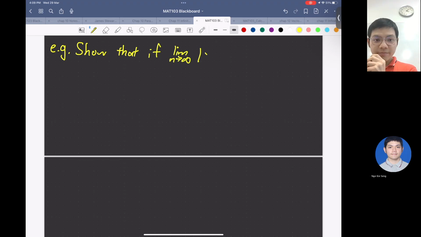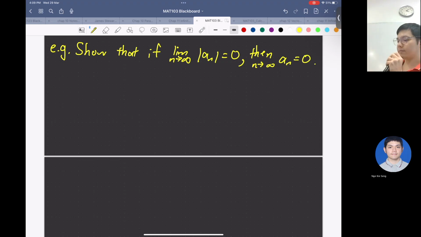Okay, so show that if the limit of the absolute value of a sequence a_n is 0, then the limit as n goes to infinity of a_n is 0 as well. This kind of question is what you should expect in your assignment, but not every question is like this, but some questions like this should be, because this is a pure math course.